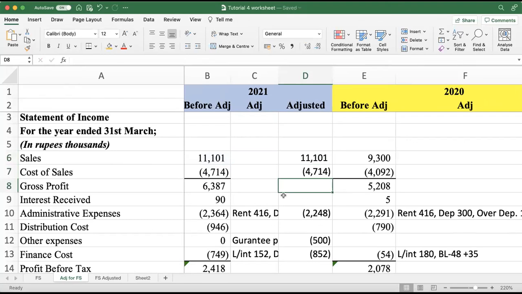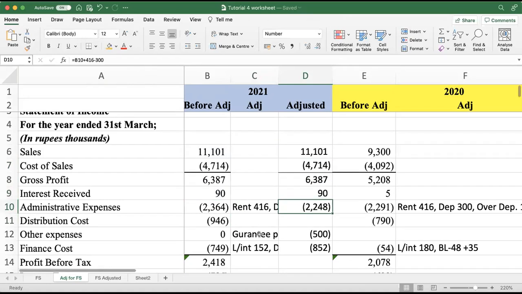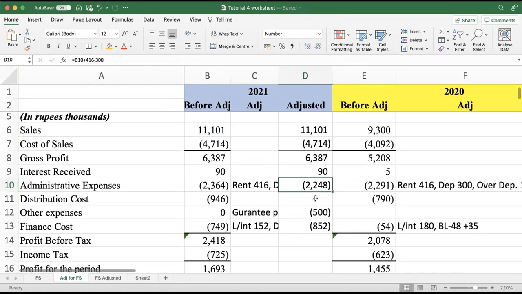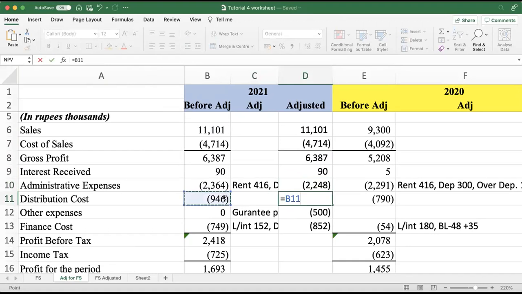Then the gross profit is the same. There is no adjustment to interest received. That's same. No adjustment to distribution expenses. It's same.